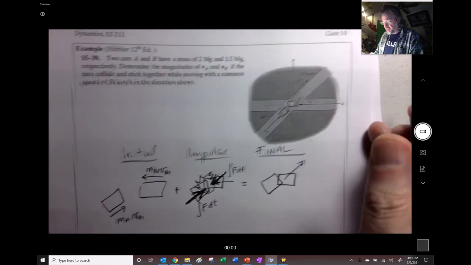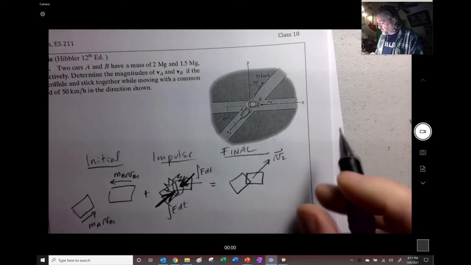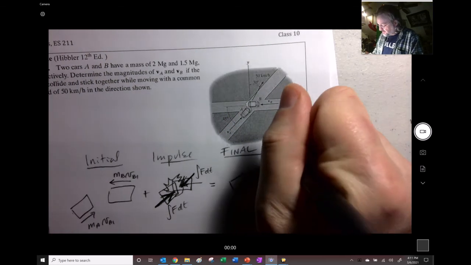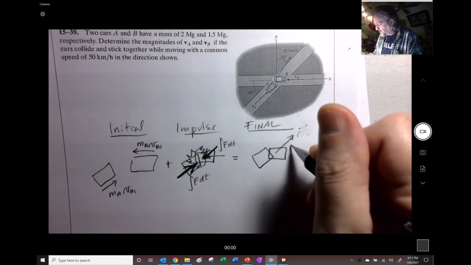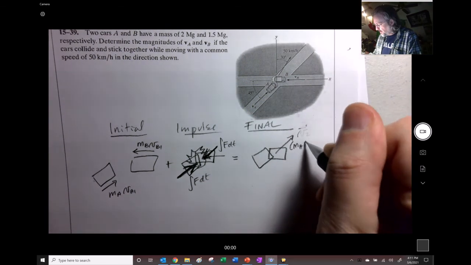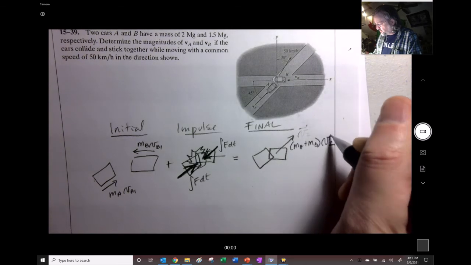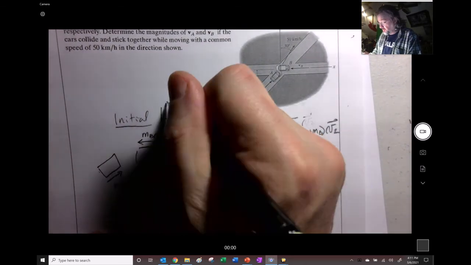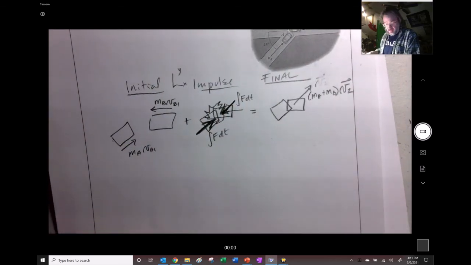Now they're going to have this velocity, which we call V2. This is a momentum diagram, so we'll not draw the velocity on here. It's going to have (MA plus MB) times V2. I can give him a hat because he is a vector. And so here are our x's and our y's.